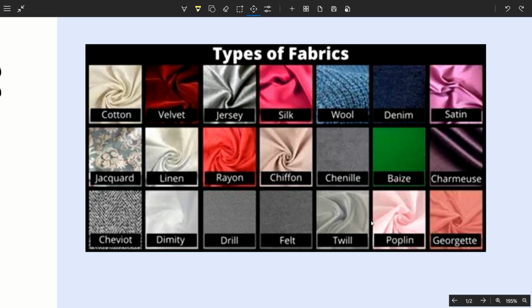These are some of the types of fabrics. From this I am taking cotton. First I will take a cotton.